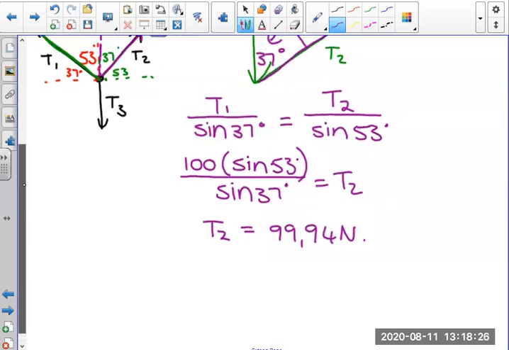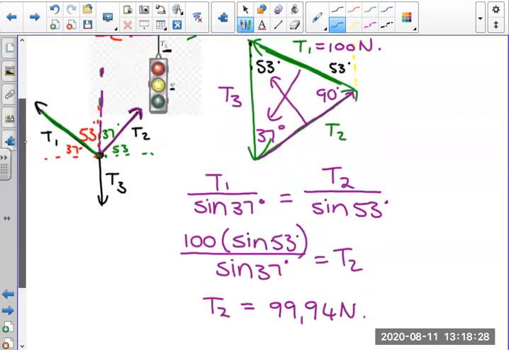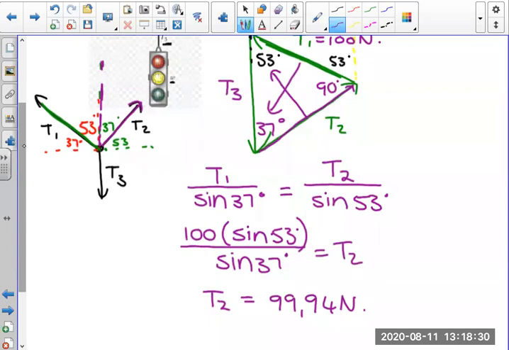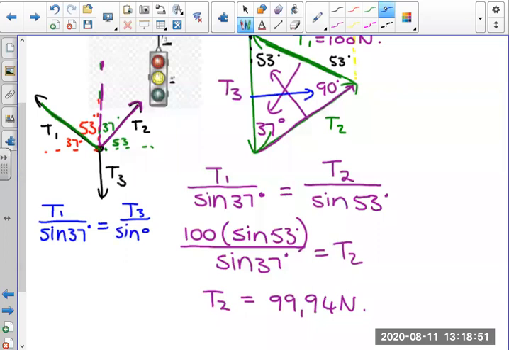Now, I'm going to try to work out T3 because from T3 I can work out the mass. So I'm going to start again. I'm going to say T1 over sine 37 equals T3, which is the weight, over the opposite angle, which is 90 degrees, sine 90.